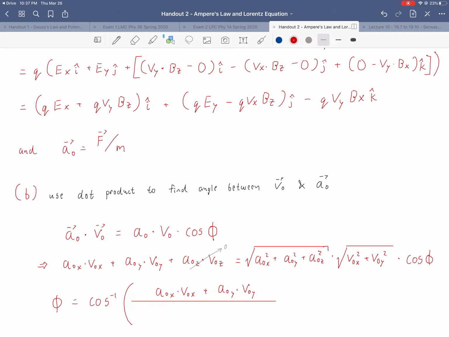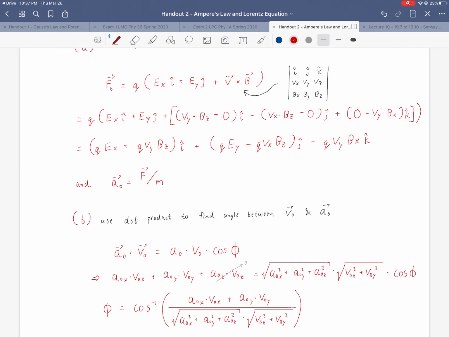And then in my denominator, I just divide by the product of the magnitudes, which I've expressed here as the square roots. All right, so there we have it. That expression right there would be the angle between our initial velocity vector and our initial acceleration vector, due to the combined force of the electric and magnetic field.